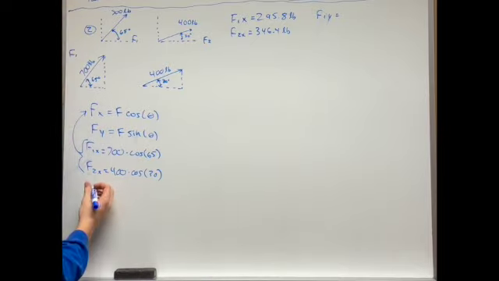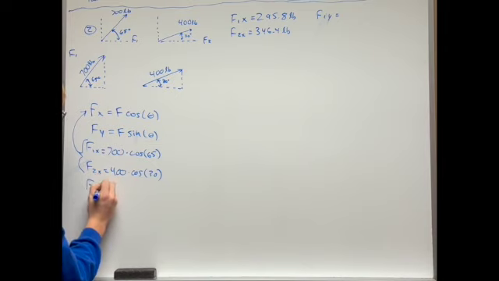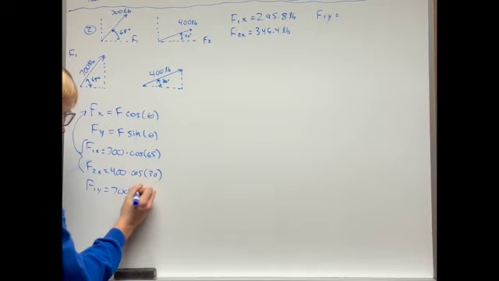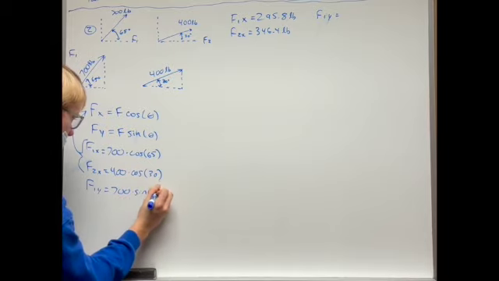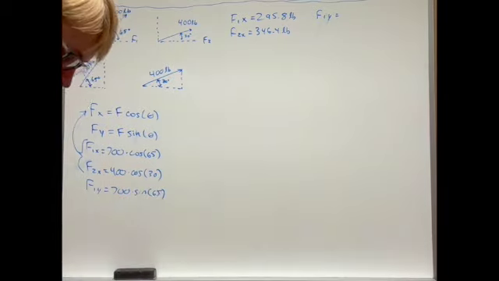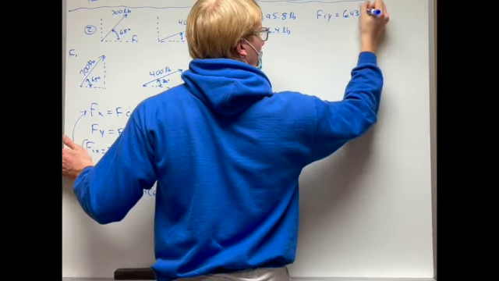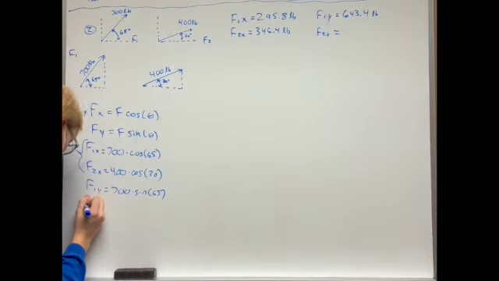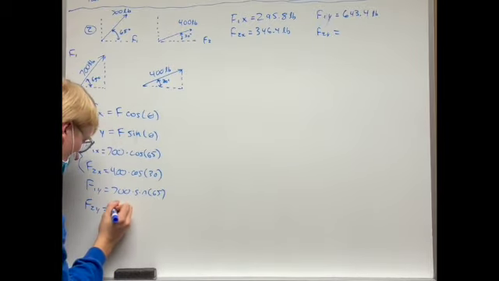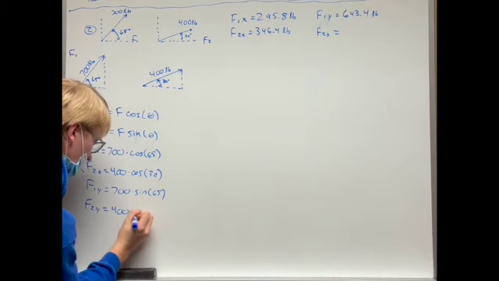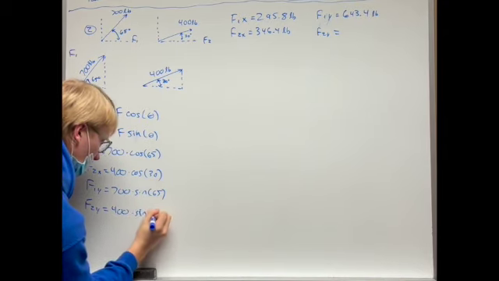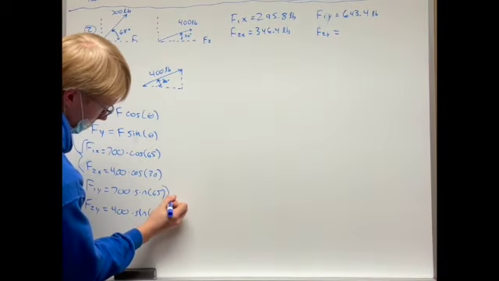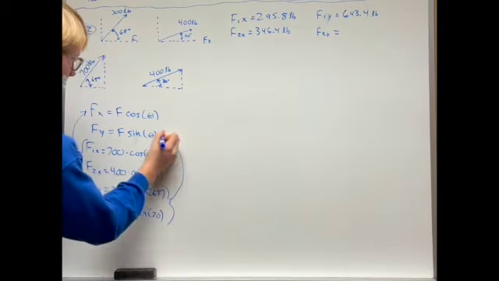And F1y is going to be the sine, 700 times sine 65. And F2y equals 400 times sine 30. So these two use this one.